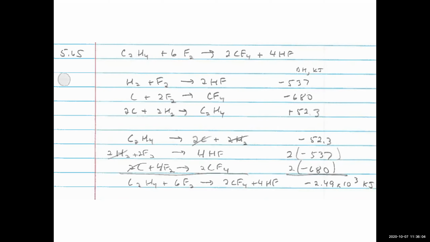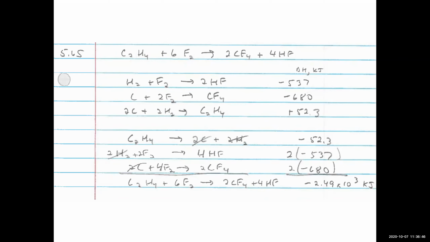And then it gives us some information on individual reactions that could be part of the steps that you go through to get to the final product. So we see information on H2 plus F2 to give us 2HF, and we see a delta H value associated with that. We have C plus 2F2 going to CF4, and we have a delta H value for that reaction. And then finally 2C plus 2H2 going to C2H4, and we have a delta H value for that as well.